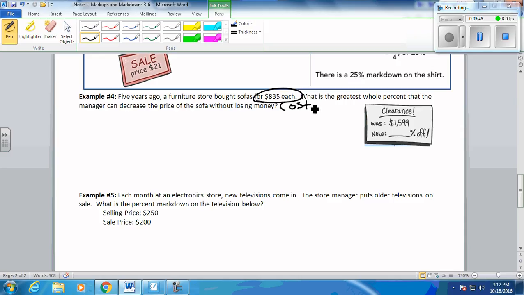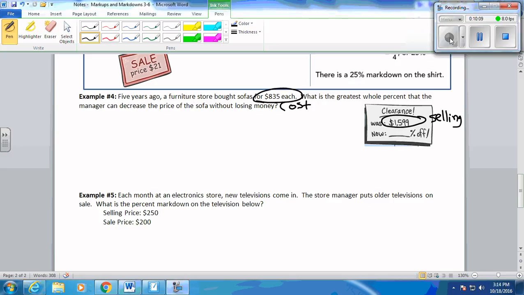Now, it was $1,599, which was the selling price. They want to find how much can I mark it down where he will actually still make money. Okay?